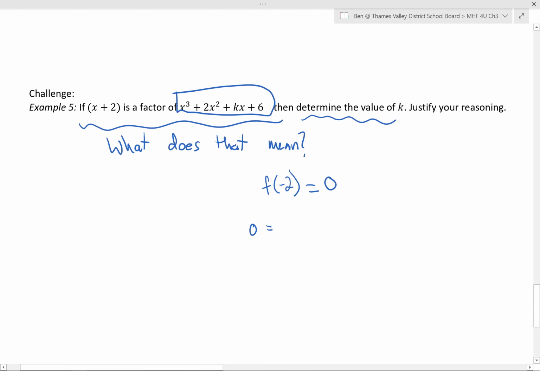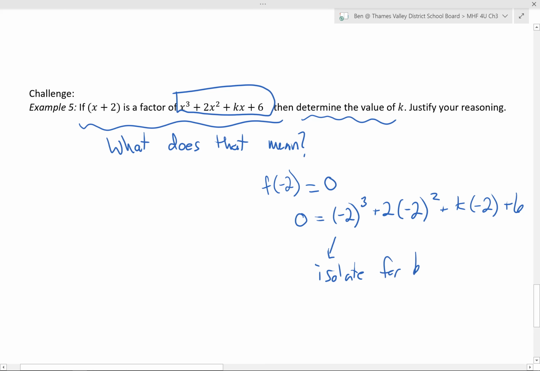That means 0 equals negative 2 cubed plus 2 times negative 2 squared plus k times negative 2 plus 6. And you should then be able to isolate for k, because remember, k is what you're trying to find.